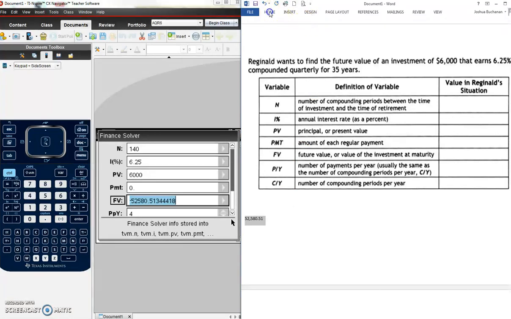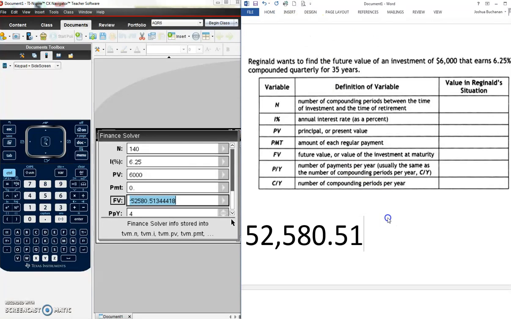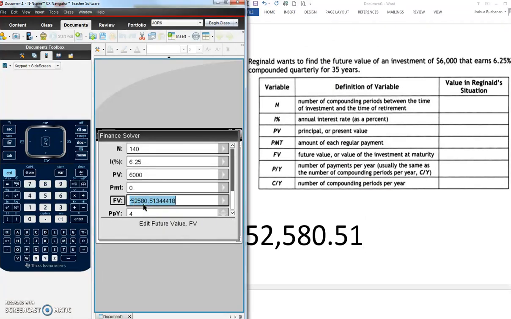Now, if you notice, that is a negative in the calculator, and that's because the programming going into this finance solver requires either the present value to be negative or the future value to be negative.